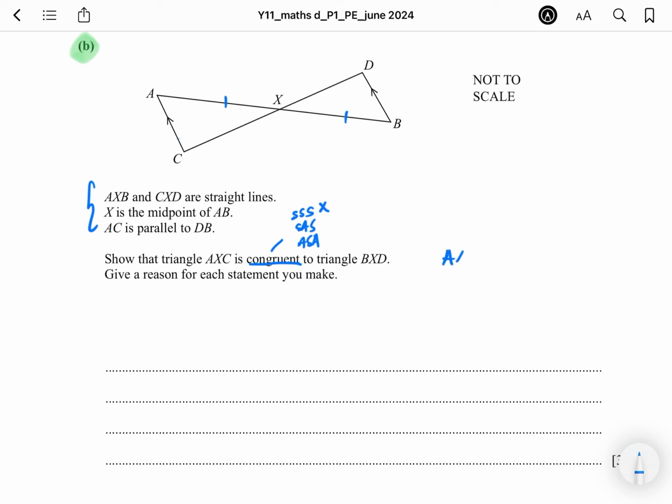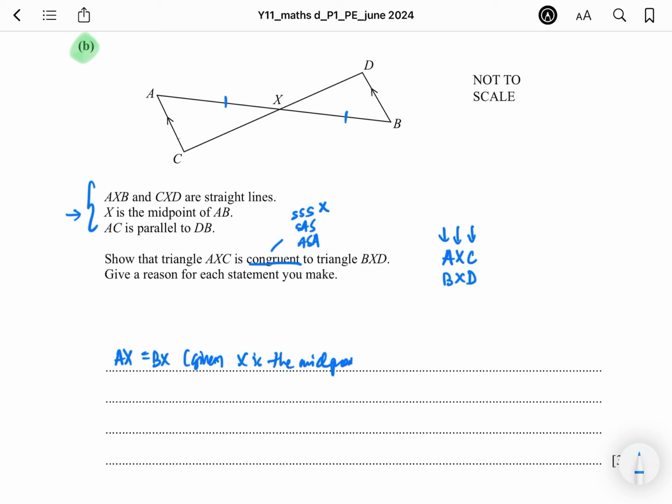And to make sure my labeling is correct, I write it that way so I know which vertices correspond to each other. So let's look at X midpoint. That's the easiest one. That means my AX equals BX, given X is the midpoint.